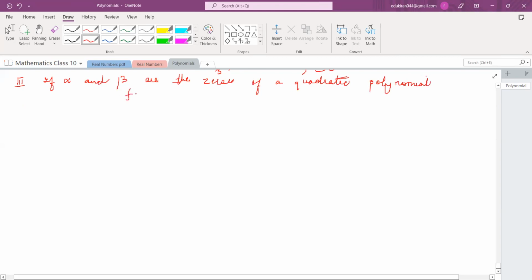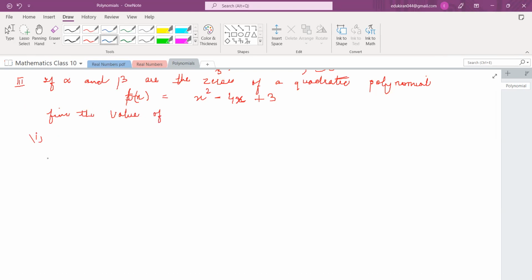A polynomial is given, let's say p(x), which is given to be x square minus 4x plus 3. I'm taking a simple one. For this particular polynomial, you have to find the value of alpha square plus beta square. So this type of question can also come.